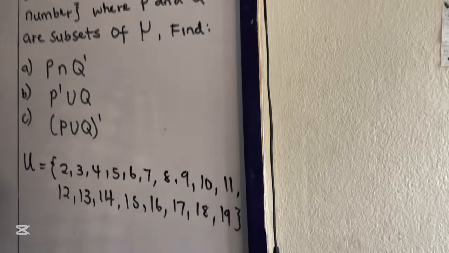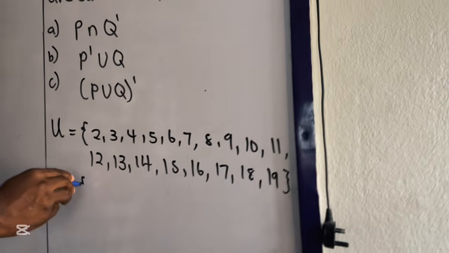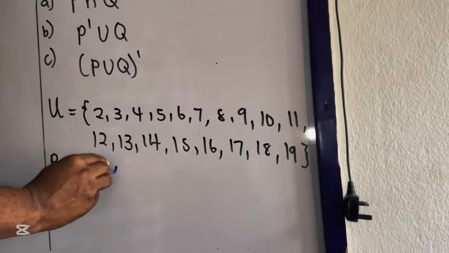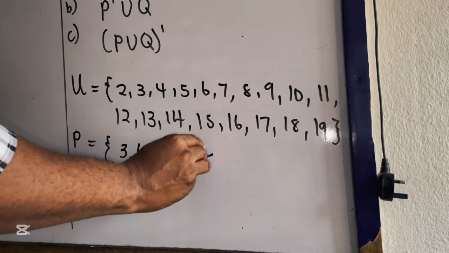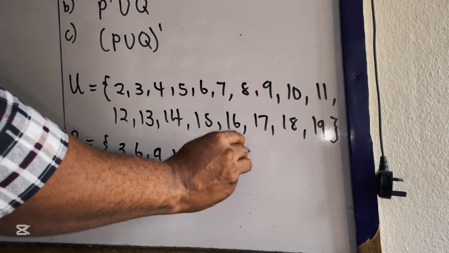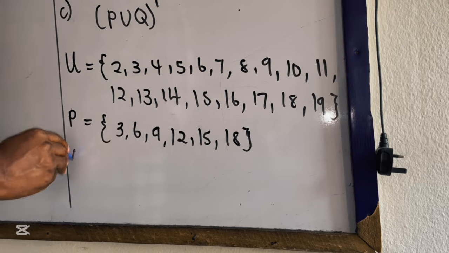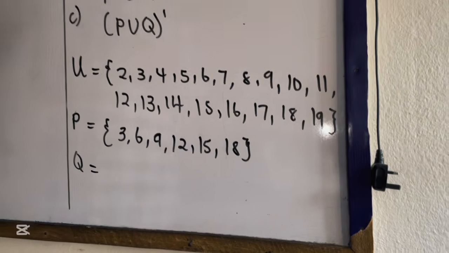So for P, multiples of 3. The multiples of 3 from here, we have 3, 6, 9, 12, 15, and 18. These are the multiples of 3 within that range. So for Q, we have the prime numbers that are there.